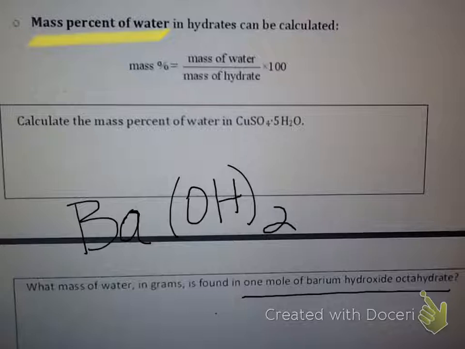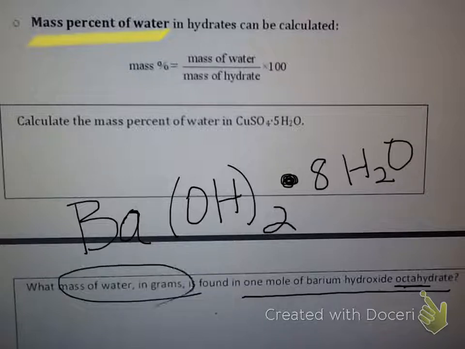Once we do that, we say, what now? That's balanced. That's the anhydrous salt, but we have the hydrate. It says octahydrate, so we have 8 waters here. The question says, what is the mass of water in grams in 1 mole of barium hydroxide octahydrate?